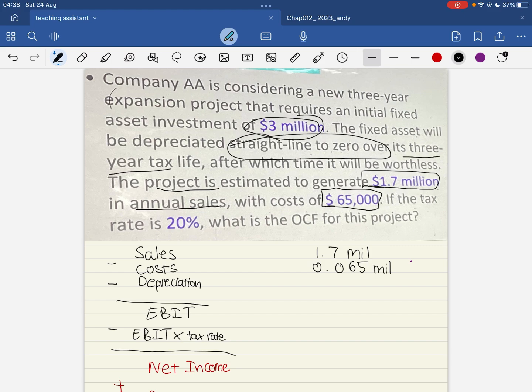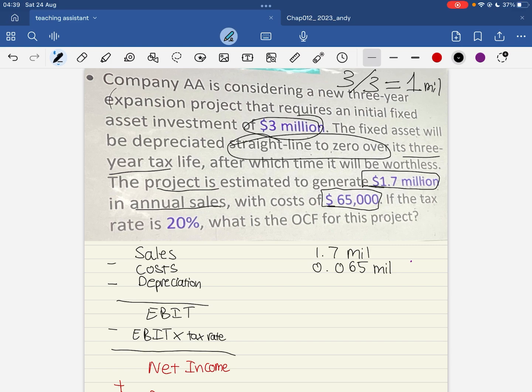So I have explained before, this project has the initial fixed asset investment of $3 million. We purchased the asset for $3 million. And it had 3-year life. Therefore, the depreciation will be equal to the initial cost, which is 3 million, divided by the tax life of 3 years, and it will be equal to $1 million.